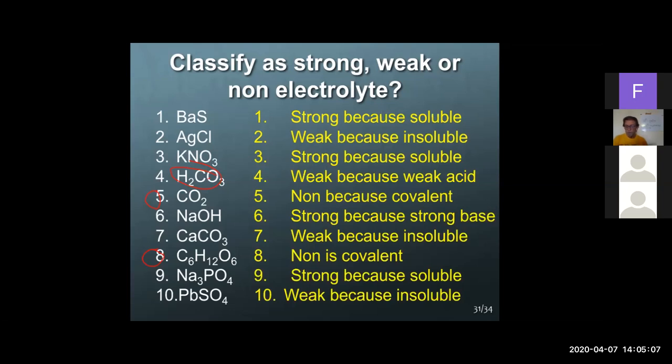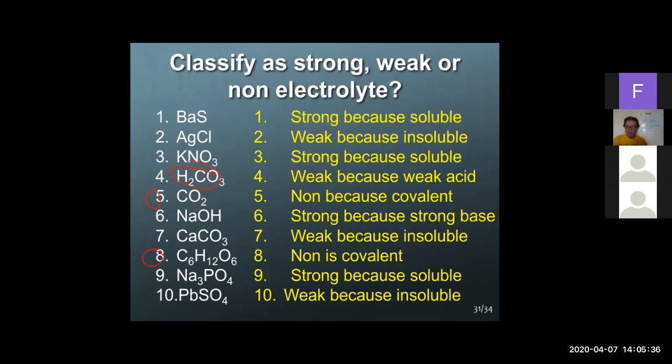We talked about number 4, carbonic acid. That's one of the weak acids we gave it. Therefore, it's a weak electrolyte. Number 5 we talked about, it's covalent, so it's a non-electrolyte. Number 6, sodium hydroxide. You see sodium written first, based on the solubility rules, automatically strong electrolyte.